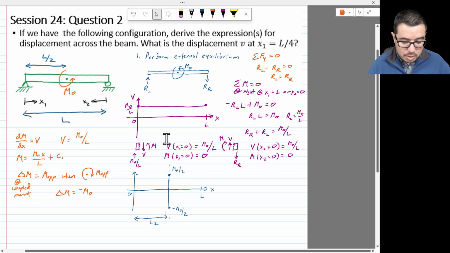Well, that rationalization can come from our integration of the V, right? We saw that it's M naught x over L. And we had some constant for the initial M, but let's take a look there. Remember, we said that M at x1 equals 0 is equal to 0, and M at x2 equals 0 is equal to 0.